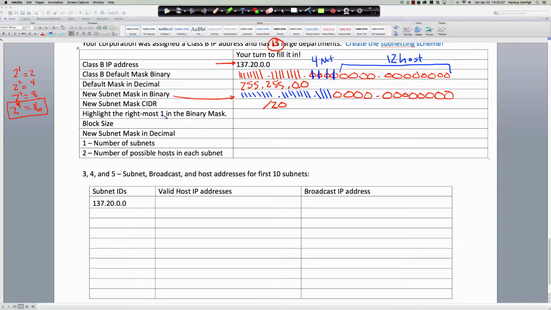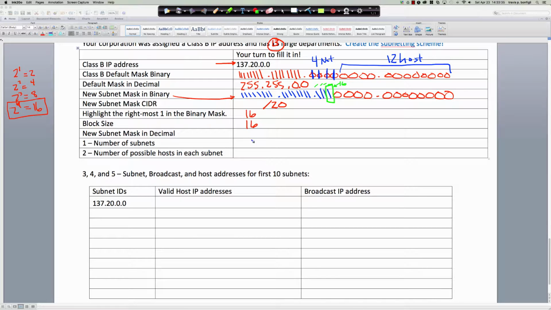So highlight the rightmost one in the binary mask, because again, this is the golden ticket right here. This is going to give me the block size value, and it's 128, 64, 32, 16. So we know that the block size is going to be 16.